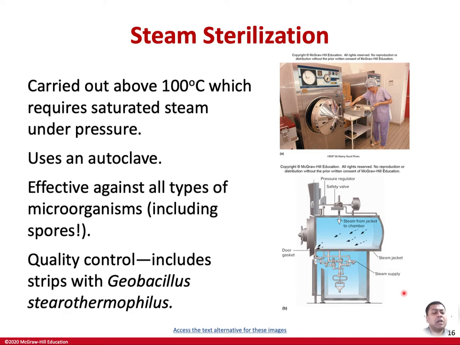The purpose of this process is that after the first steam treatment, most or all of the vegetative cells are dead. There may be some remaining endospores. You give them 24 hours to germinate into vegetative cells. Then you do the second round of steam exposure that will kill all the vegetative cells.